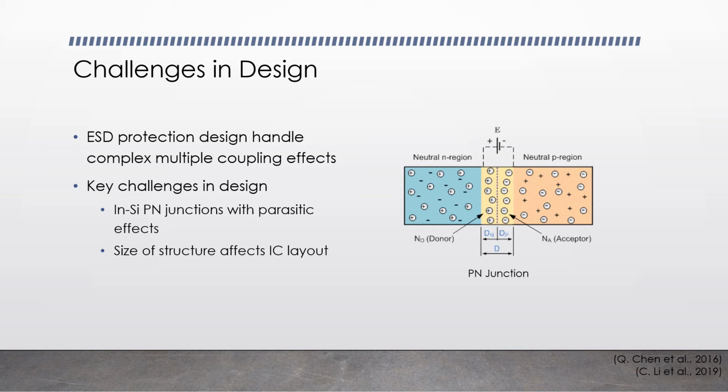ESD protection design must handle complex multiple coupling effects involving transient, electron, thermal, process, device, circuit, and layout aspects. Several key challenges must be carefully considered in ESD protection design.